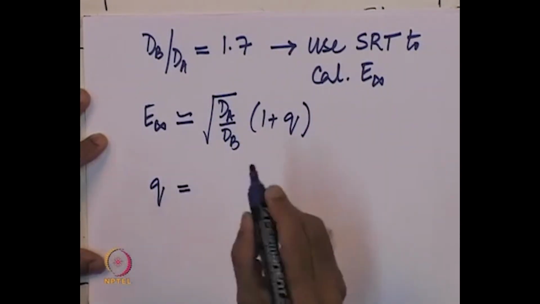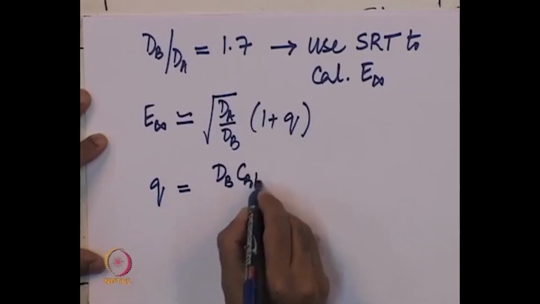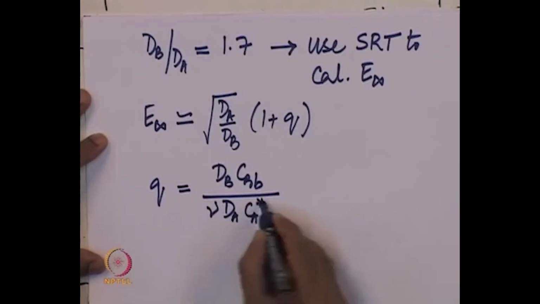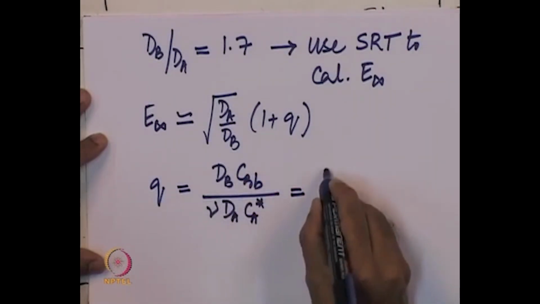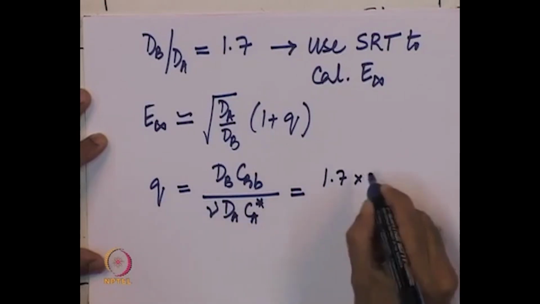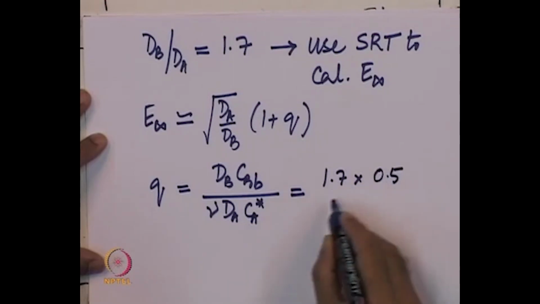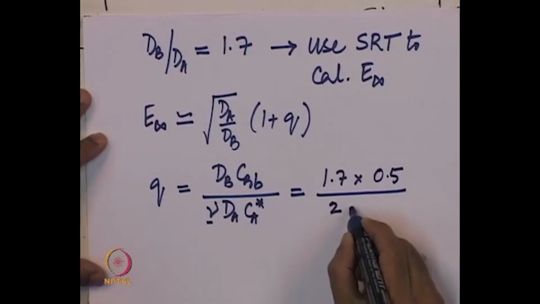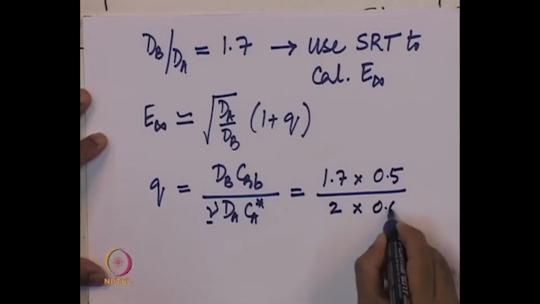Q itself is given by D_B C_B^b divided by nu D_A C_A star, and putting in the values, D_B upon D_A is 1.7 and C_B^b is 0.5 kilomoles per meter cubed. Nu, the stoichiometric factor, is 2 moles of NaOH per mole of carbon dioxide, multiplied by C_A star, that is 0.04.